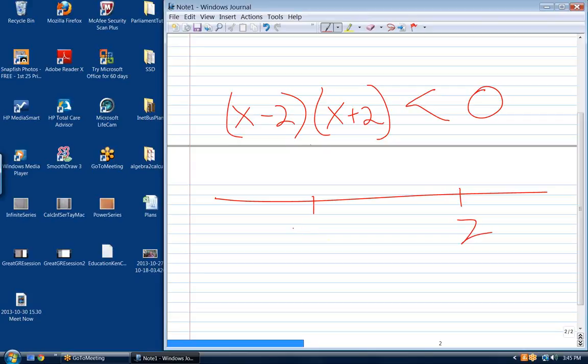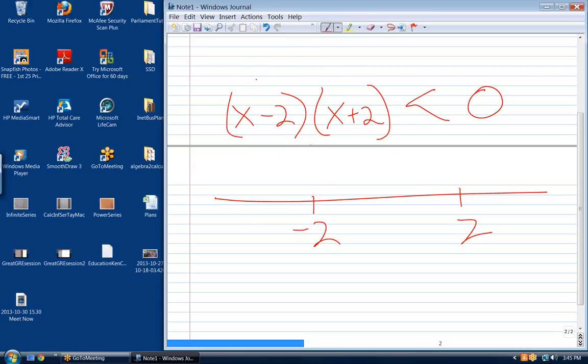I leave 0 off there because I don't want to accidentally treat it as a critical point. So we would have to check a point here, a point there, and a point there to come up with our answer. Okay, so you could do negative 3. What do we get?